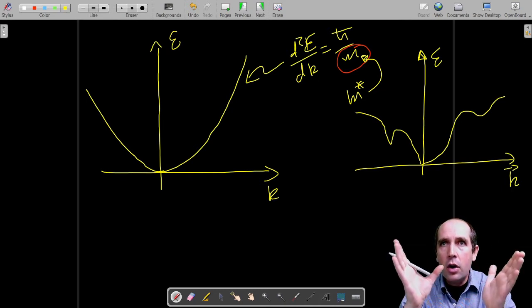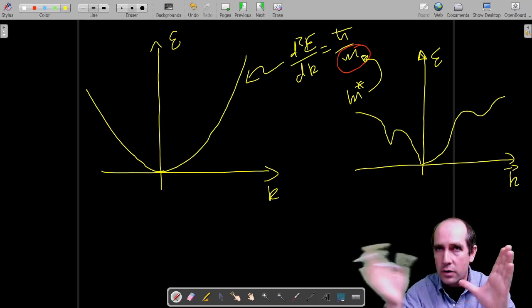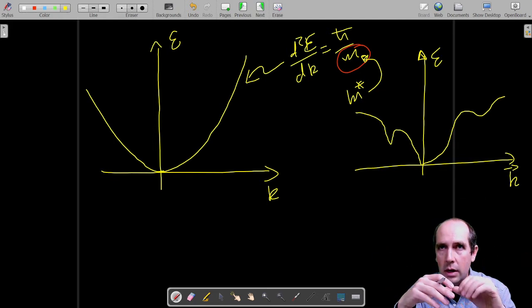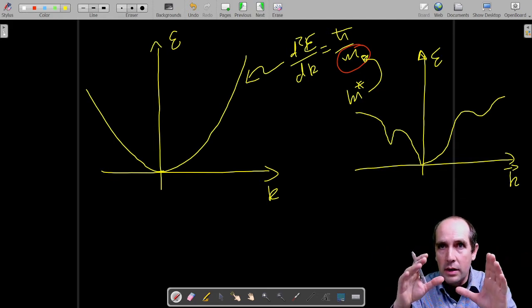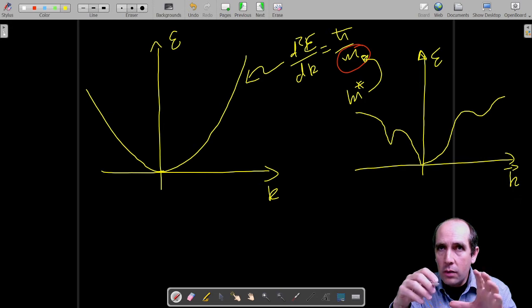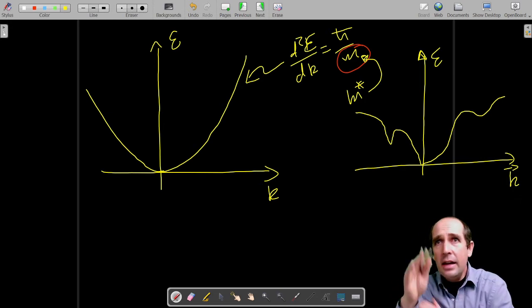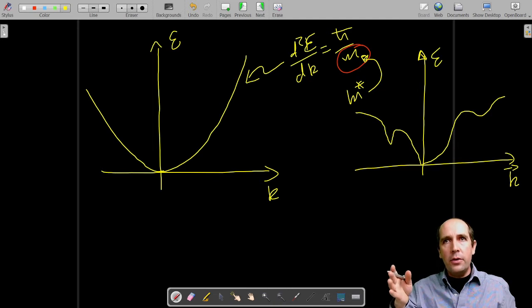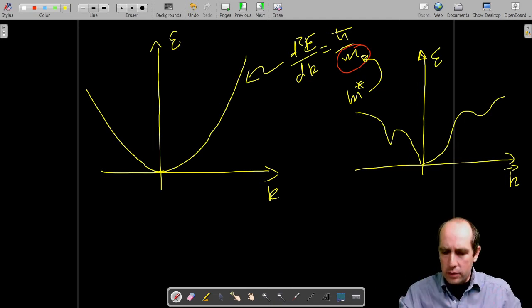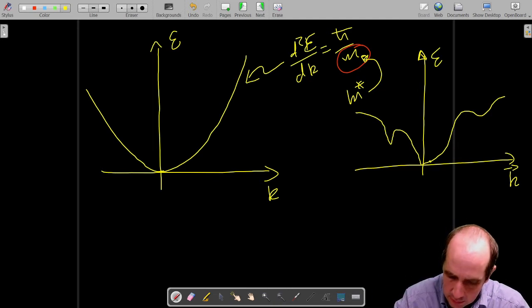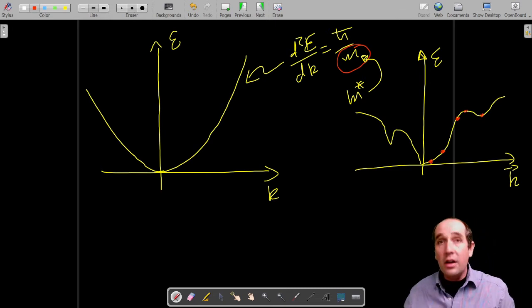The only curve for which the second derivative is constant for all k values is the parabola. When the curve deviates from a parabola, then each point will have a different value of the curvature. So the curvature here, and the curvature here, and the curvature here, and the curvature here, in each one of these points is going to be different.